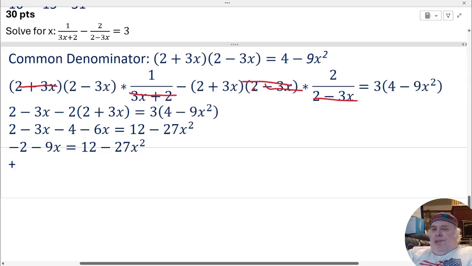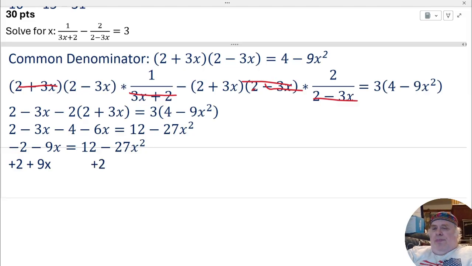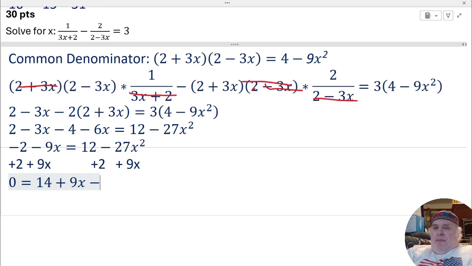We'll add 2 plus 9x to both sides to turn it into a roots problem. So this is going to turn into 0 equals 12 plus 2, which is 14. 9x has no common term, so it just becomes 9x minus 27x squared.